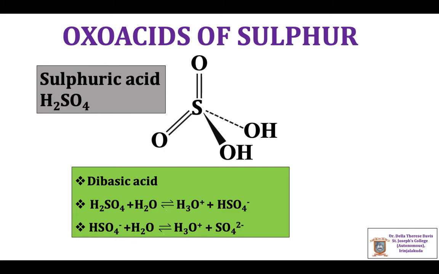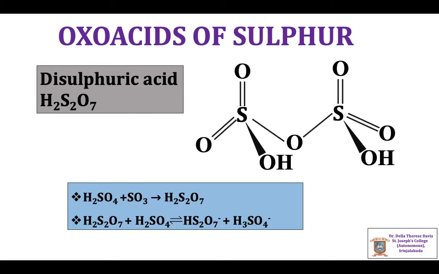In aqueous solution, it decomposes to HSO4 minus, and HSO4 minus further decomposes to SO4 2 minus anion. Sulfur is bonded to two oxygens by double bonds and two OH groups by single bonds. The molecule has a tetrahedral structure.